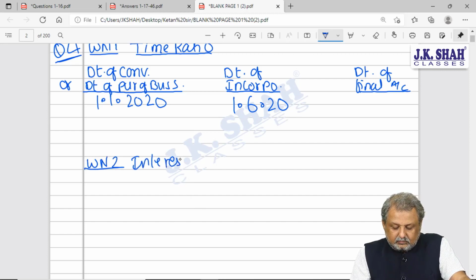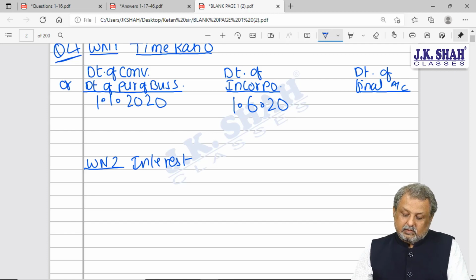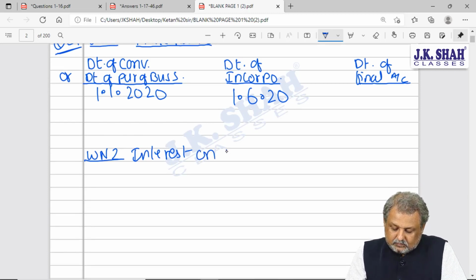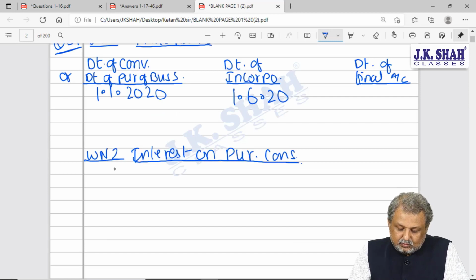Interest on purchase consideration. What will be the interest on purchase consideration? The purchase consideration amount is 11,40,000, interest is 12% per annum. So on 11,40,000 into 12% into how many months?